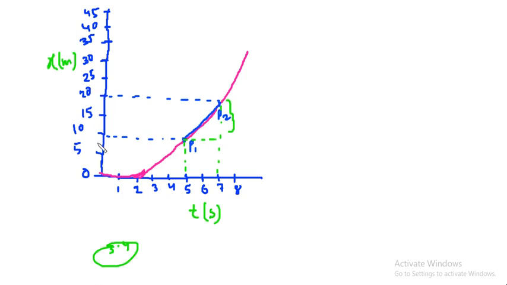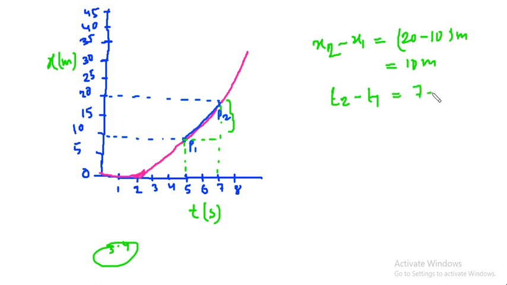That means x2 minus x1, which is 20 minus 10 meter. That means 10 meter, and the time taken to travel this 10 meter is t2 minus t1, that means 7 minus 5 second, equal to 2 second.